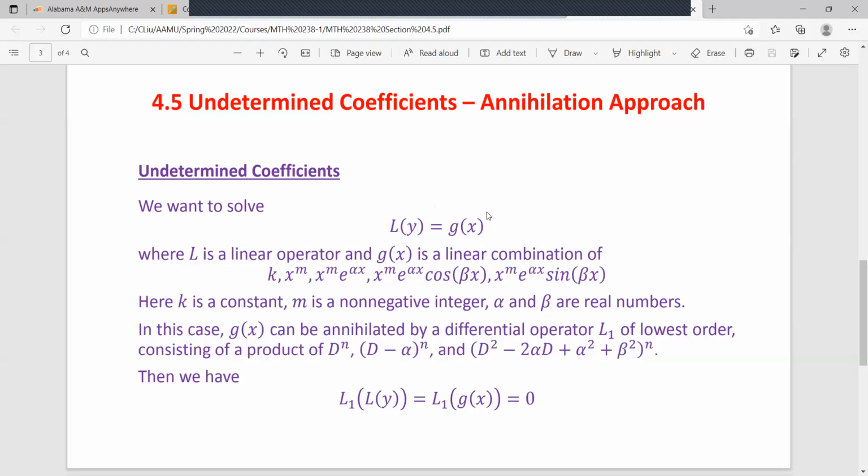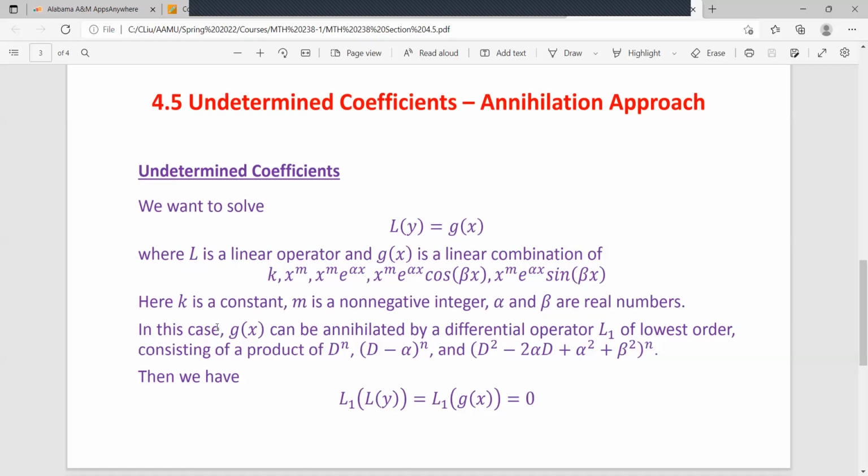So that's the right-hand side of the equation. This is the higher order linear differential equation we talked about before. We just use the short notation L for the left-hand side to represent all the derivatives, and it applies on y. You have some non-zero function g of x.